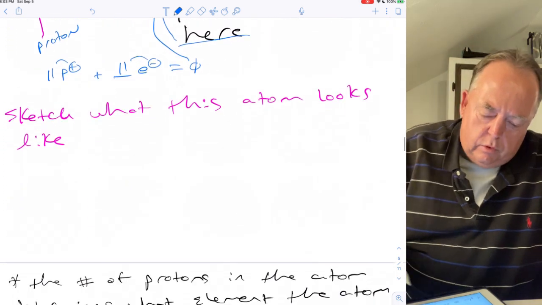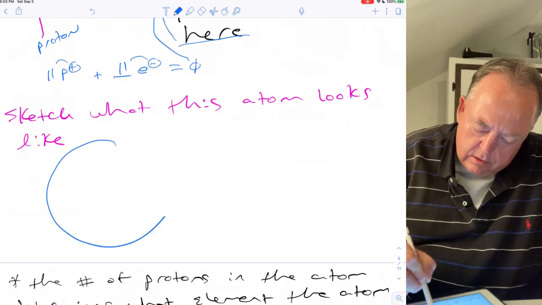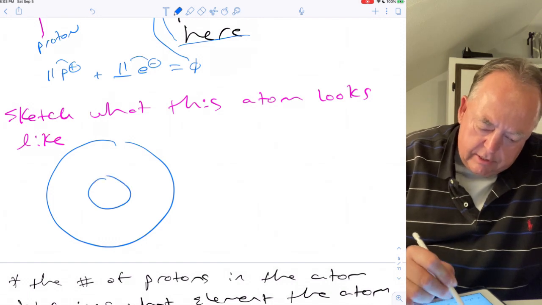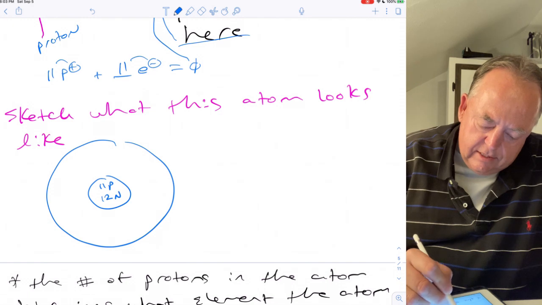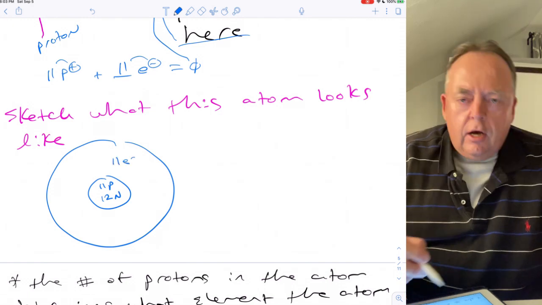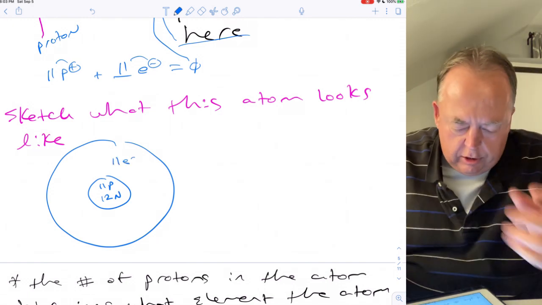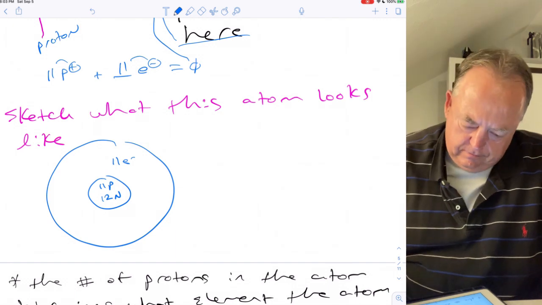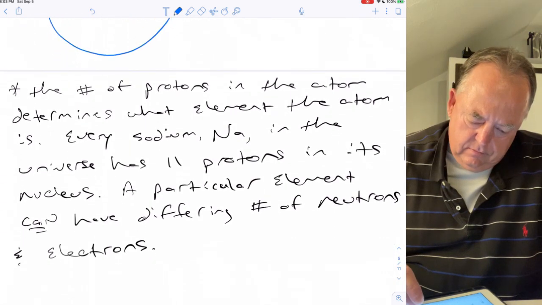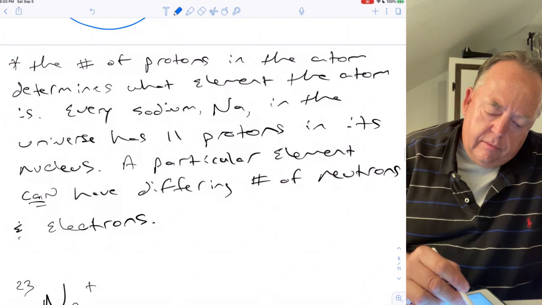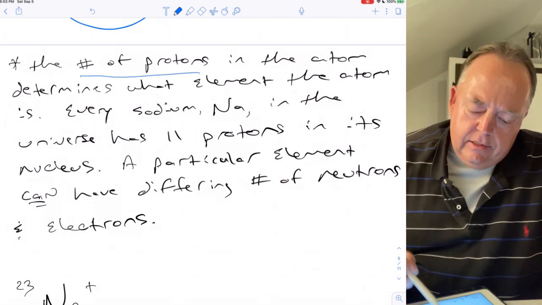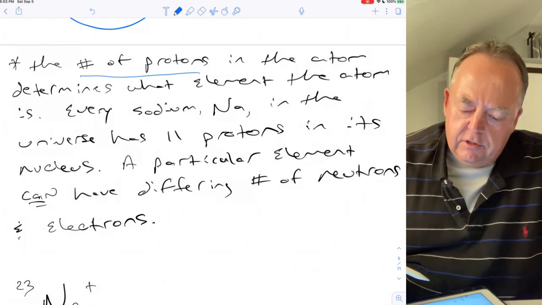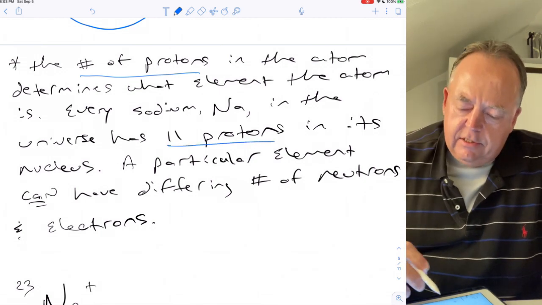Okay, so if we sketch what this atom looked like, we have a nucleus that's got 11 protons in it, and it's got 12 neutrons in it, and it's got 11 electrons circulating around the nucleus. Okay, so what's the number of protons? That determines what the element is. So every single sodium in the entire universe has 11 protons in its nucleus.